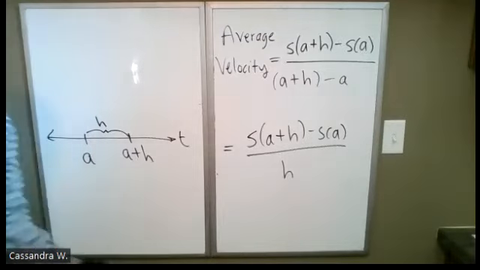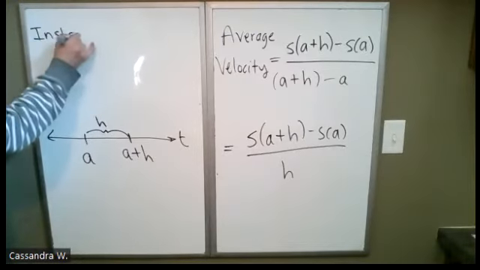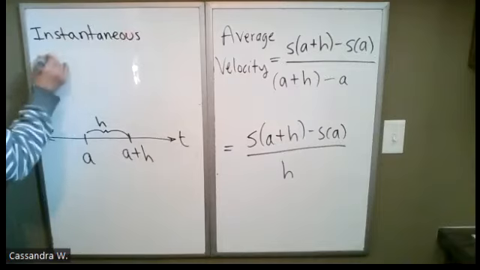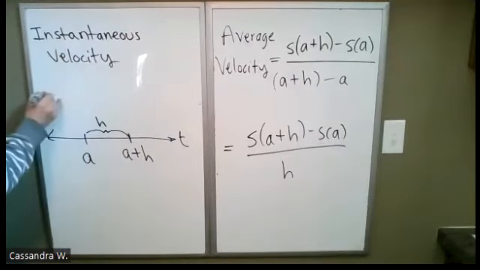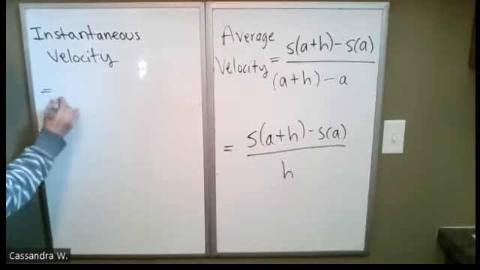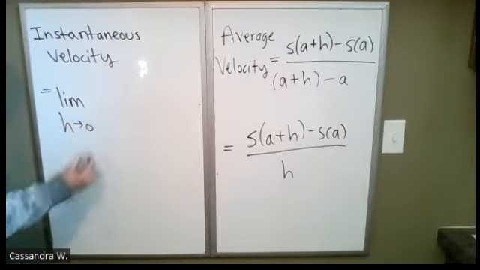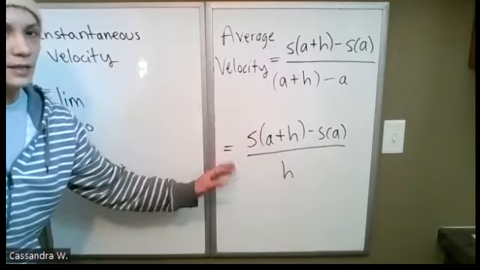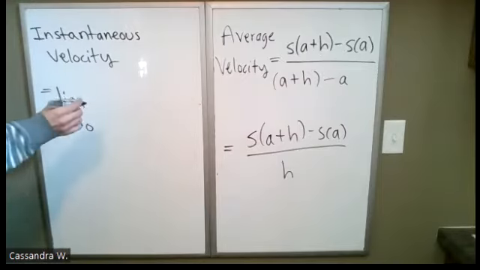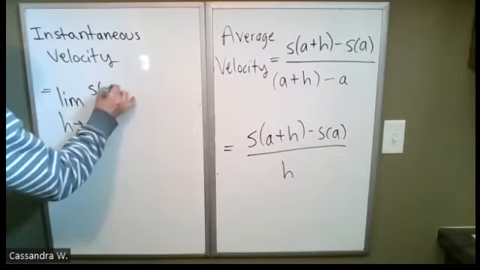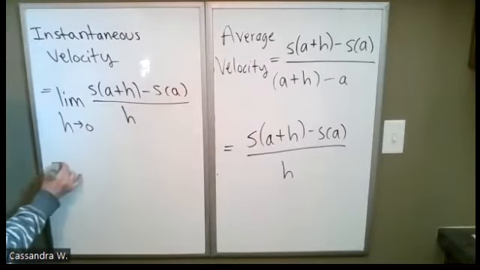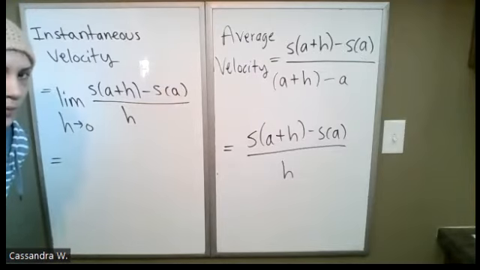So we take the limit as h goes to 0 of the average velocity, s of a plus h minus s of a over h, which would be s prime of a.